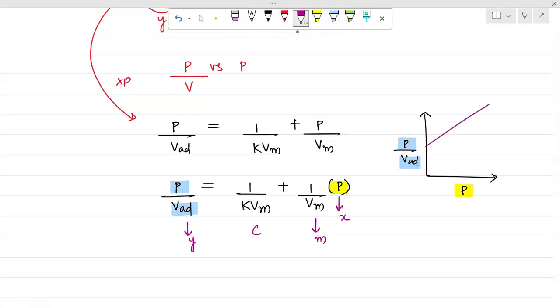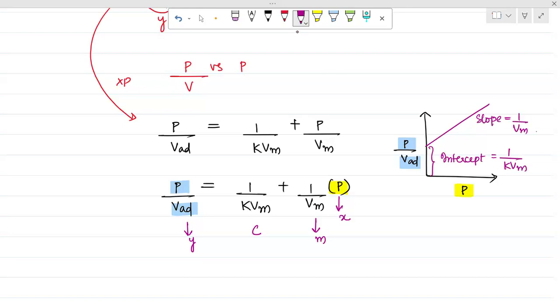Again, you will get a straight line whose intercept is going to be 1 by KVm, and whose slope is going to be 1 by Vm.